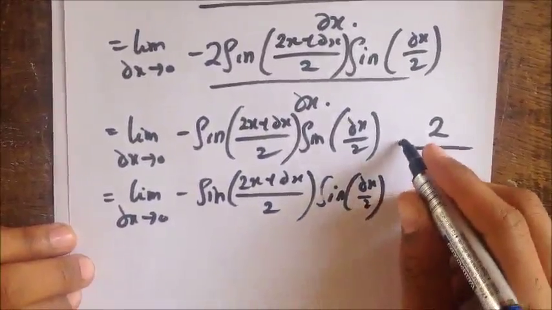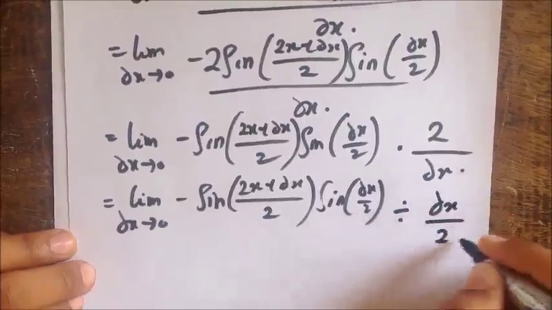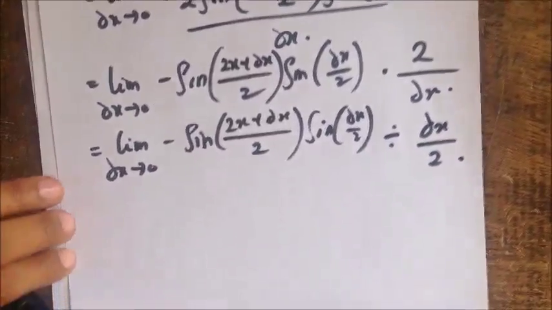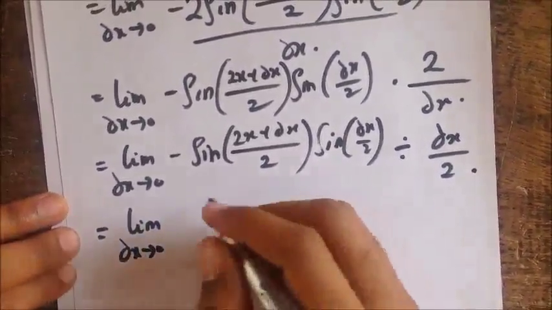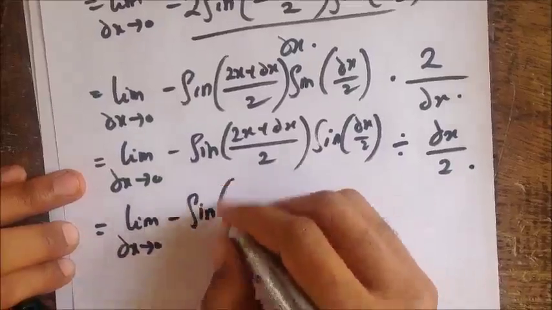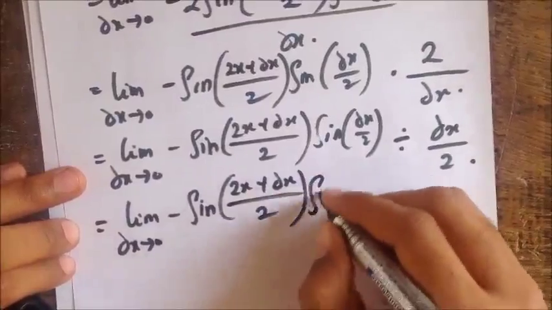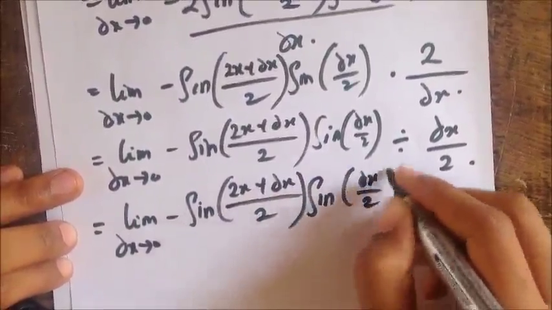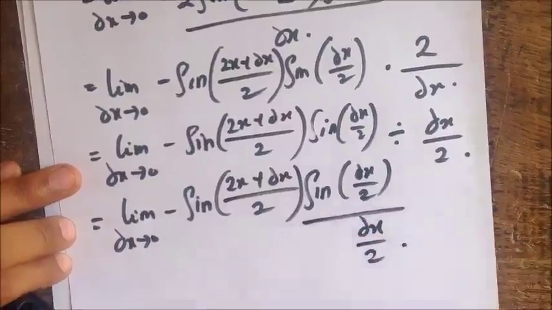If I change this multiplication to divide, it will be divided by delta x divided by 2. So I can rewrite this as the limit as delta x tends to 0 of minus sine of (2x plus delta x) divided by 2, times sine of delta x divided by 2, divided by this delta x divided by 2.